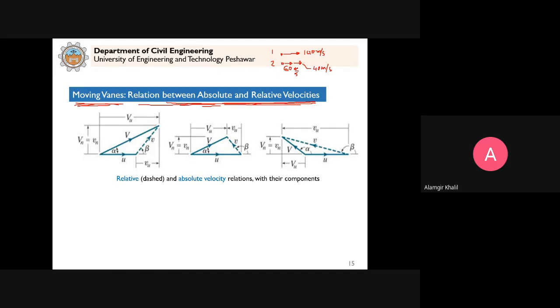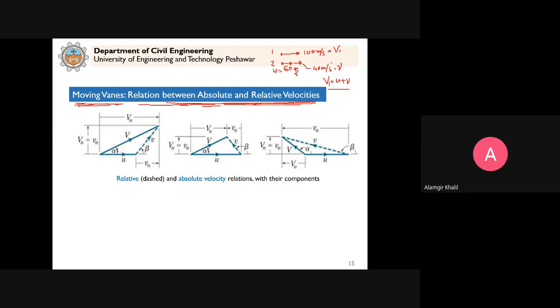Let's say this is the velocity of the first body, v1, and the velocity of the second body is denoted by u, and we use a small case letter v to denote the relative velocity. Then in this diagram you can see that v1 is equal to u plus the relative velocity.